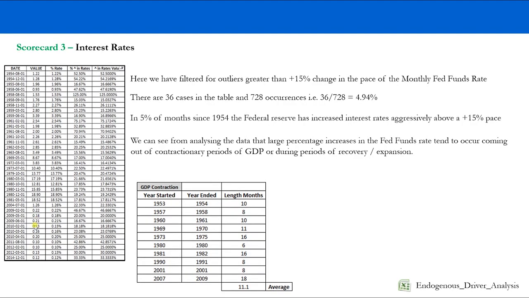And what I want to do here is actually go back to the spreadsheet and show you and teach you how to do this, how to filter the data properly.